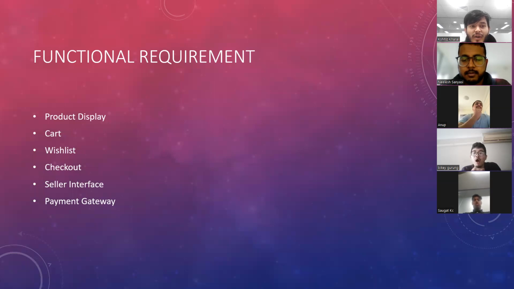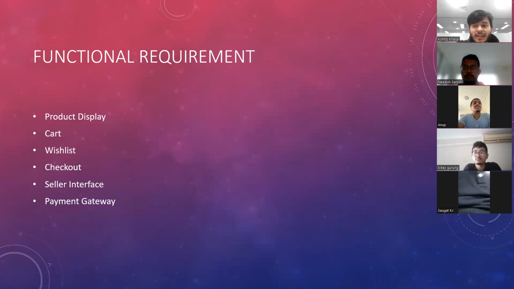We need to give them options to add items to the cart and manage it, and we also need to give them checkout functions so that they can use our payment partners to pay, and they get order confirmation, and they can be shipped through our shipping partners. These are all the functional requirements of our e-commerce website.